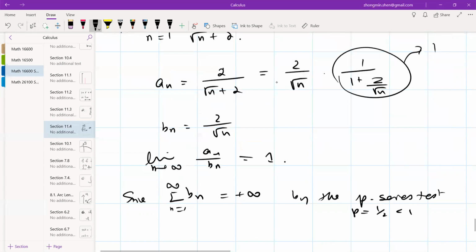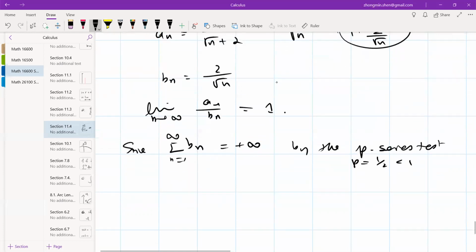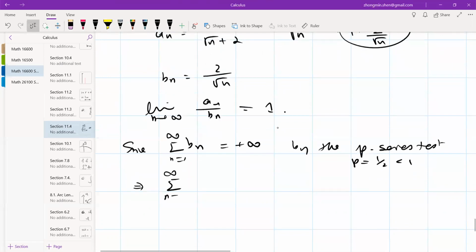Then you can conclude the sigma a_n is going to be infinite. The reason is, I already explained to you, you can compare. Let me explain to you directly. Then this implies it is also infinite, okay, by the limit comparison test.